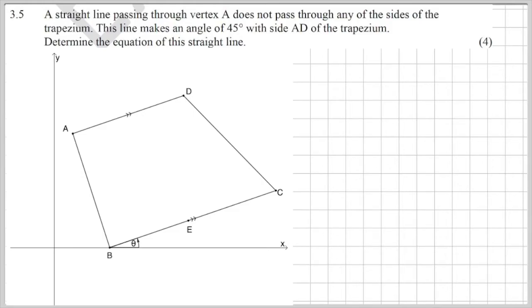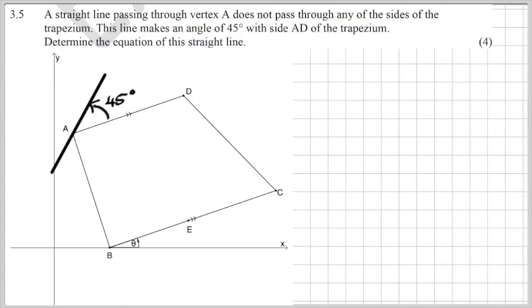So it's kind of like a tangent to that point, if I can use that terminology very loosely. It passes through A, but no other line. And this line makes a gradient of 45 degrees.